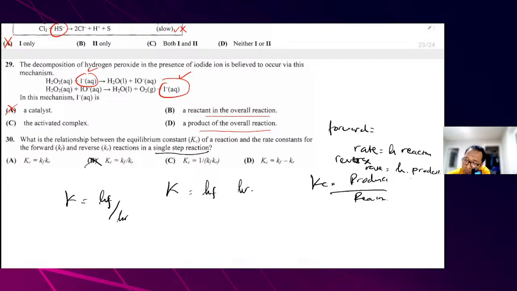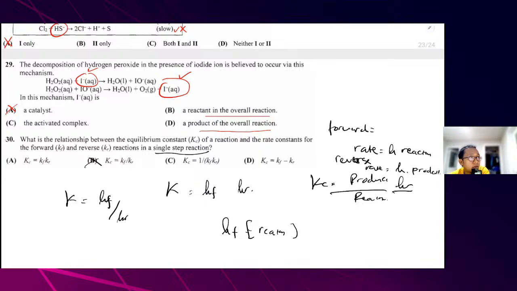So in this case, product is KR? Forward is reactant, right? If we are talking about product, it should be Kf for forward. I don't understand.